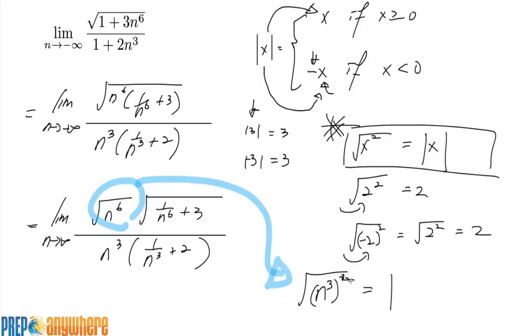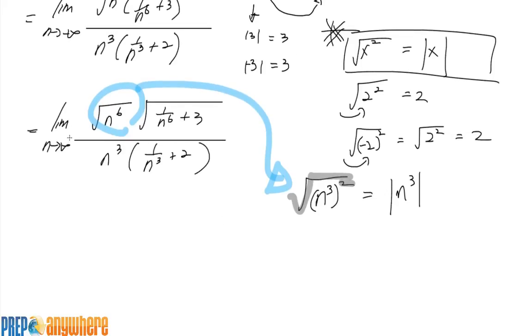So we can remove this and replace it with the absolute value. So we can replace that with the absolute value of n cubed.